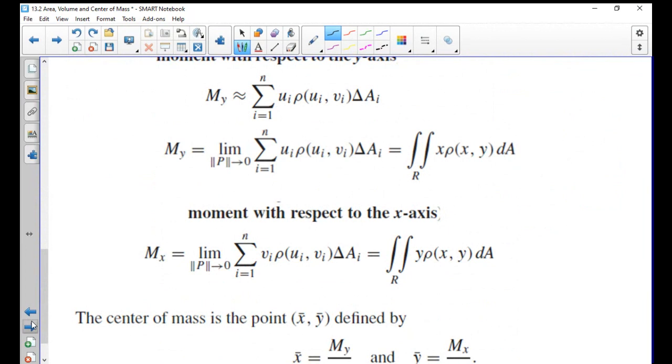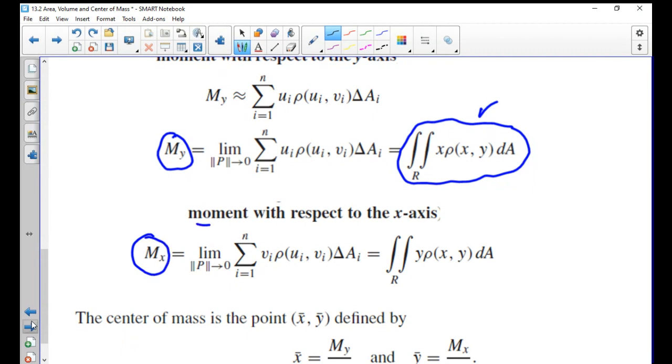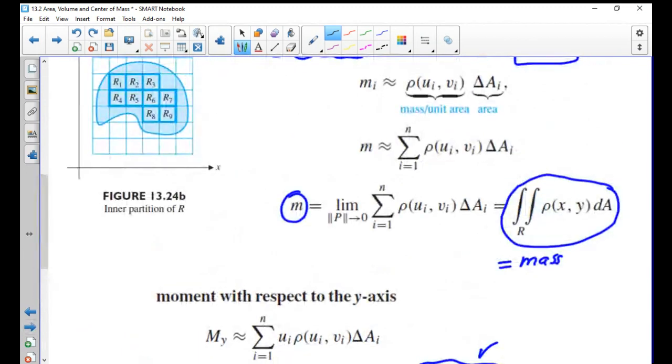And then we want to find My, which is the moment with respect to the y-axis. It's given by this. Mx, the moment with respect to the x-axis, is given by this integral. So these are all important formulas.